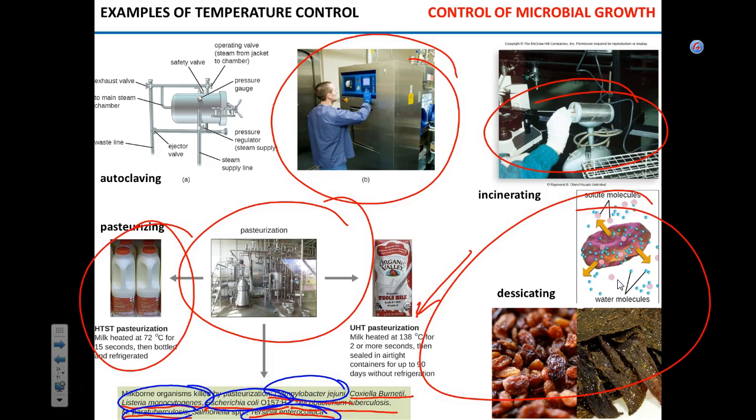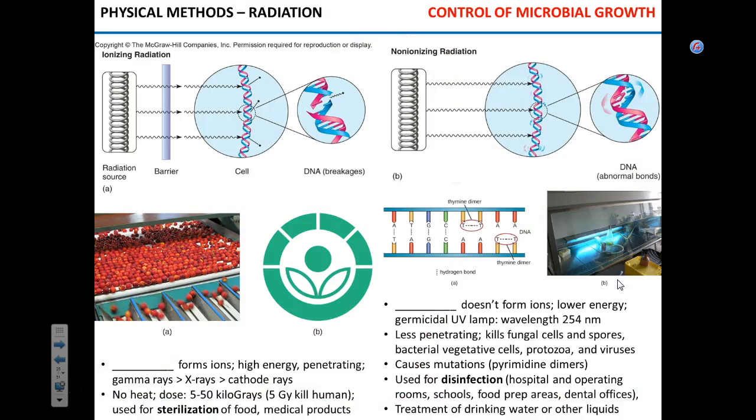And I want you to understand that pasteurization can effectively get rid of them. Does that make sense? Radiation, two types, ionizing and non-ionizing. Ionizing radiation can cause double-strand breaks, right?